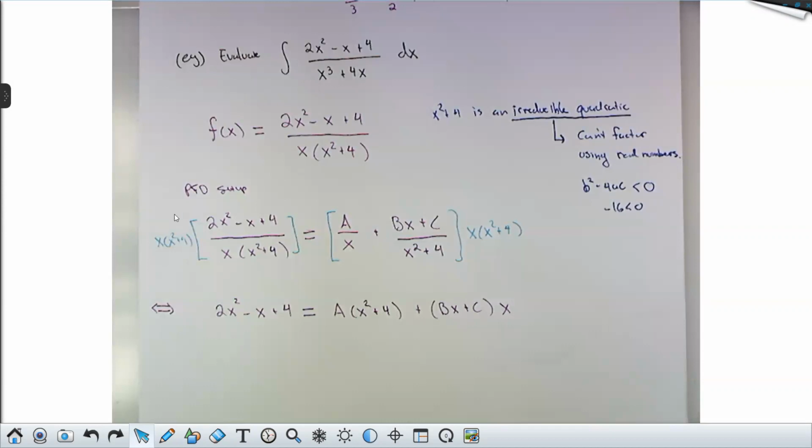On the left-hand side, the denominators cancel perfectly, and I'm just left with this top. On the right-hand side, when this piece gets hit by these factors, the x's cancel, and I just have a times the piece that doesn't cancel.